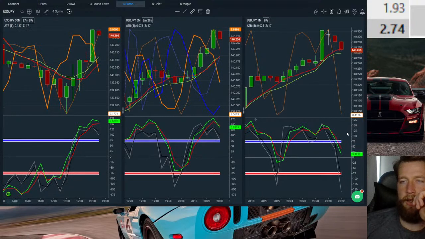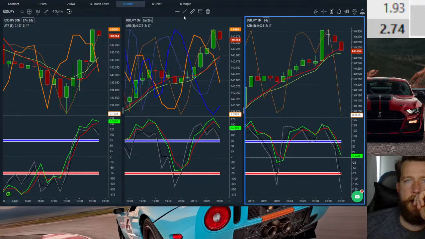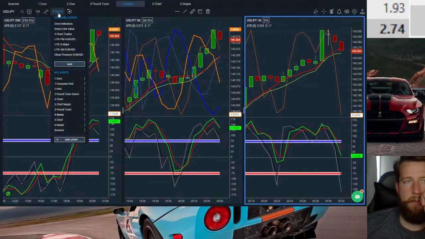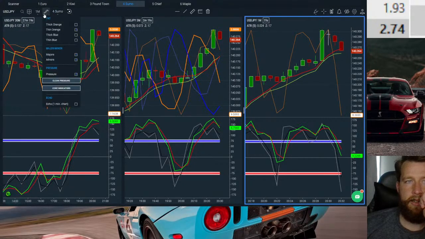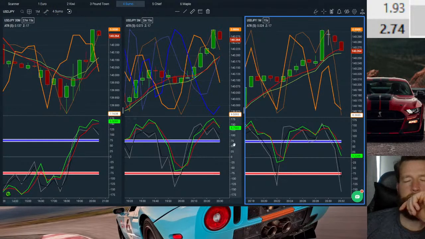Possible gray dagger setup. I'm gonna add one more TNT line to this. I just don't want things to get too crowded.